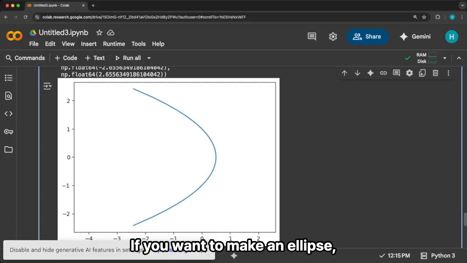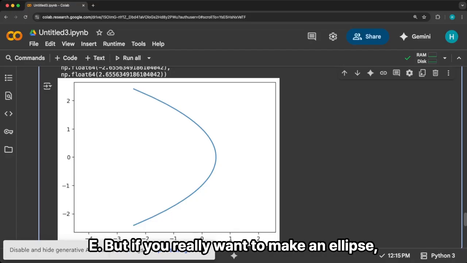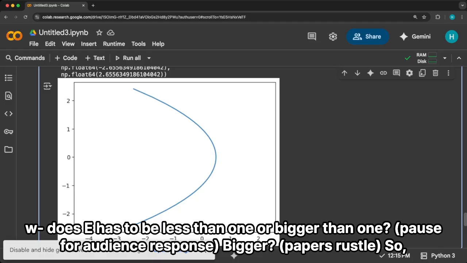If you want to make an ellipse with the same definition as below, the ellipse is a set of points whose ratio is always constant, E. But if you really want to make an ellipse, does E have to be less than 1 or bigger than 1?